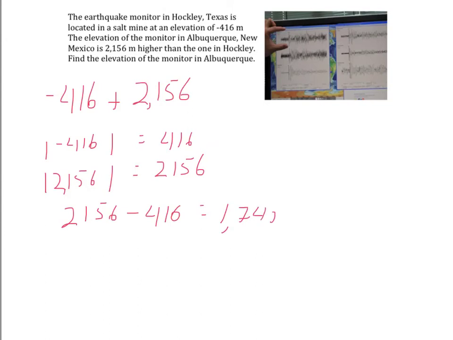So the difference is 1,740. I go back and I look at the absolute value of each number, and I see that 2,156 has the greater absolute value. So it is positive, so my sign of the sum is going to be positive as well. So the elevation of the monitor in Albuquerque, New Mexico is 1,740 meters high.